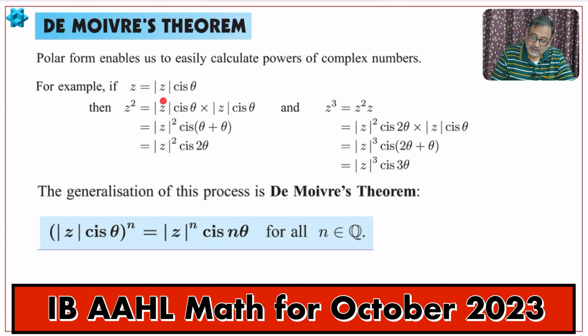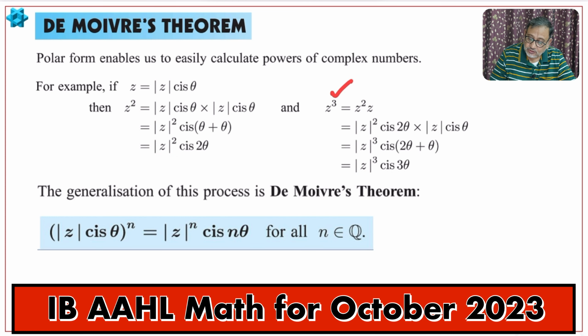See, we multiply the moduli and we add the arguments, like logarithmic rules, right. Multiplication changes to addition and division changes to subtraction. The same way we write it here. So z into z will be modulus of z square cis theta plus theta, because there was multiplication of cis theta into cis theta. So it will become modulus of z square into cis 2 theta.